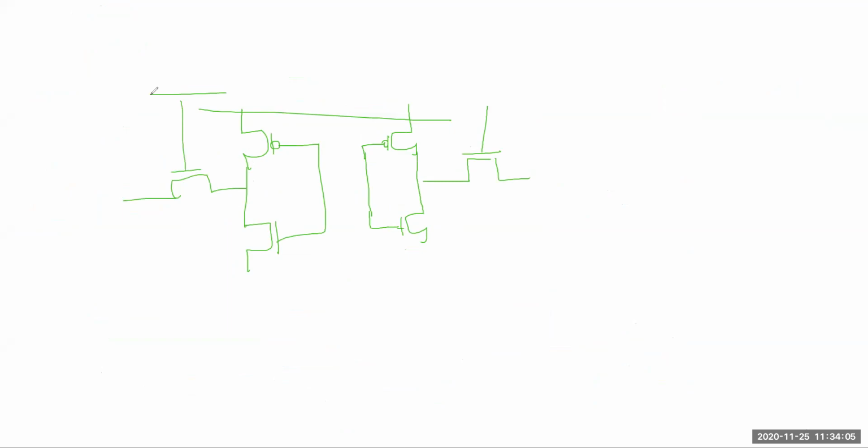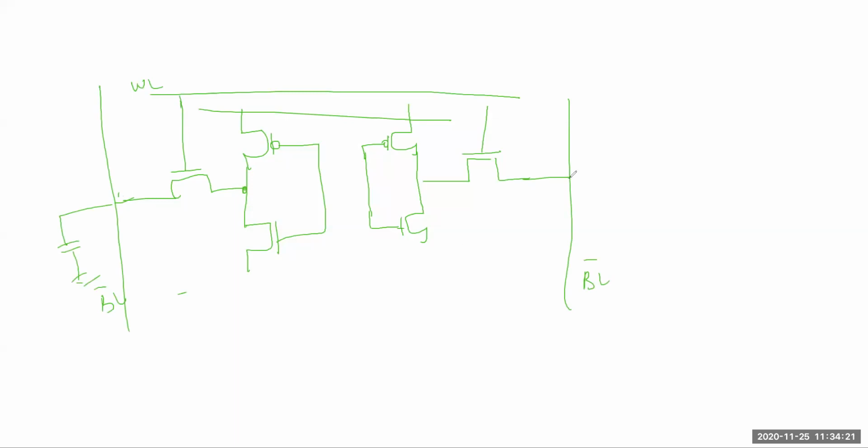Your word line. This is your bit line. This is your bit line. And this capacitor. Initially both are charged to VDD.